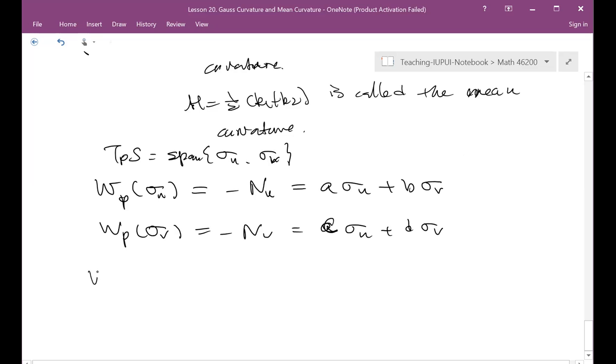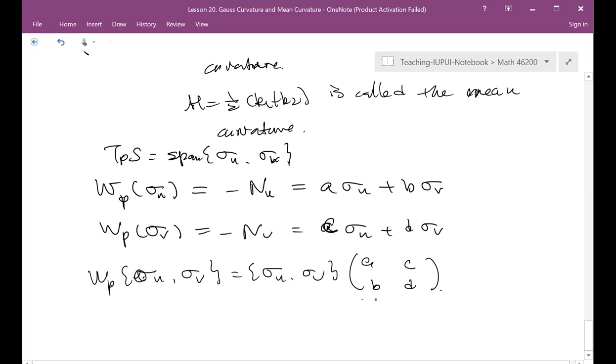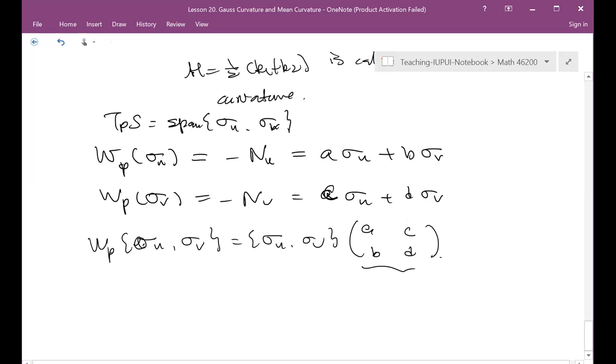So that means with respect to this natural basis, you get this matrix. Changing basis, you will get similar matrices.